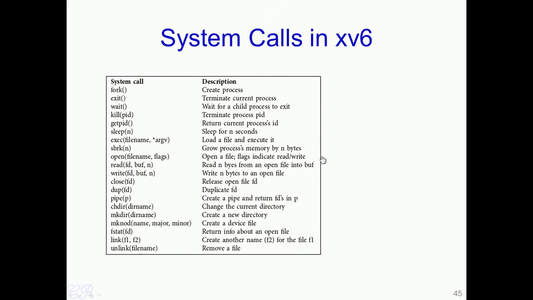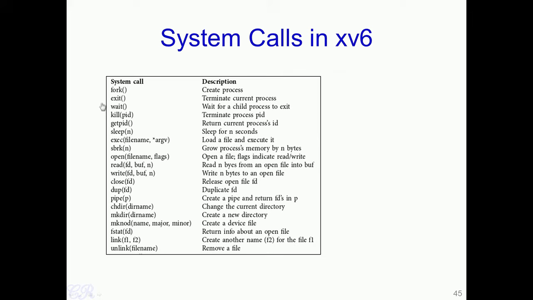Now, typically operating systems support several different types of system calls. This particular table shows the various system calls supported by XV6. In a previous video we had seen some of them, for example fork, exit, wait, and so on. You are also familiar with several types of system calls such as open, read, write, close, change directory, make directory, and so on.